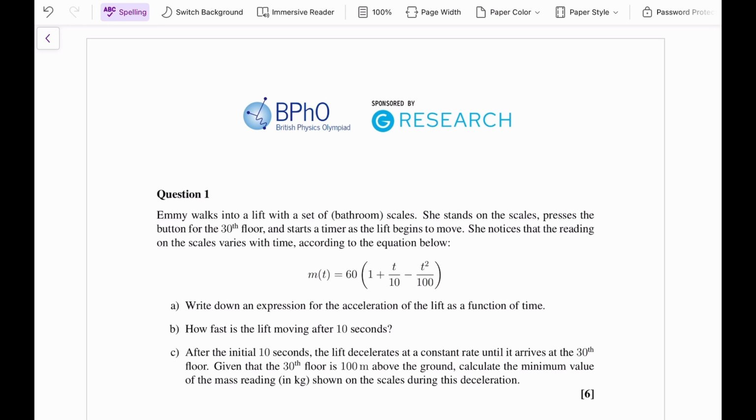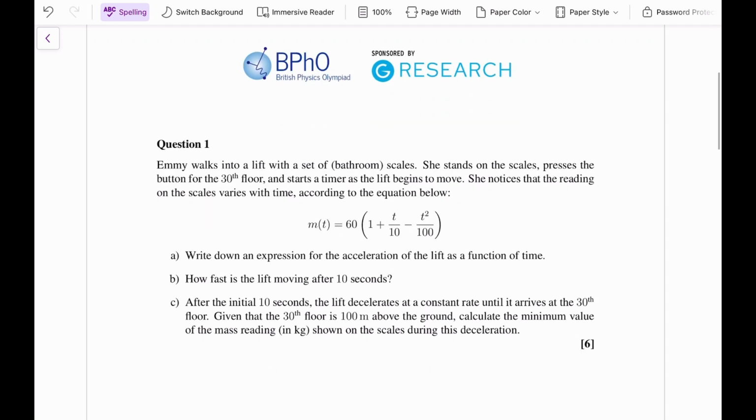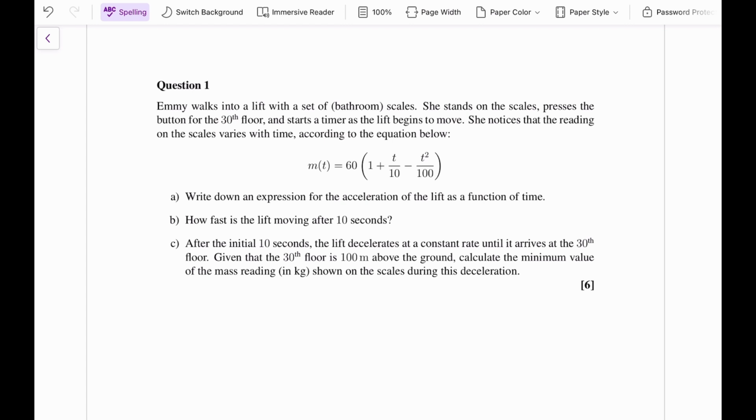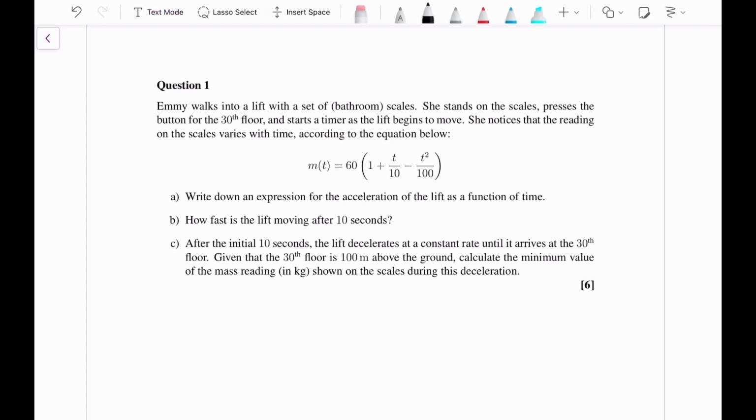Okay, so first of all, it says to write down an expression for the acceleration. Now, for mass, how do we calculate mass? So let me simplify this equation first to see what we can extract from this equation.